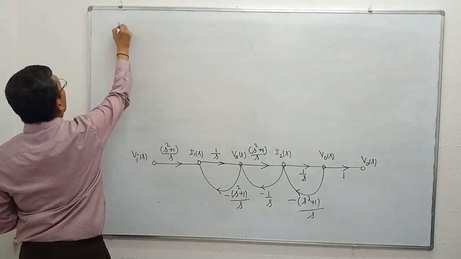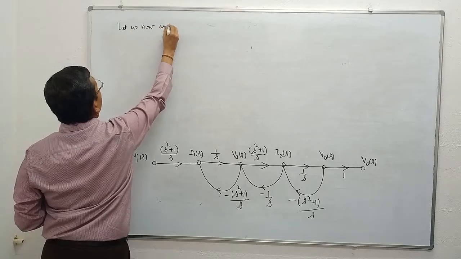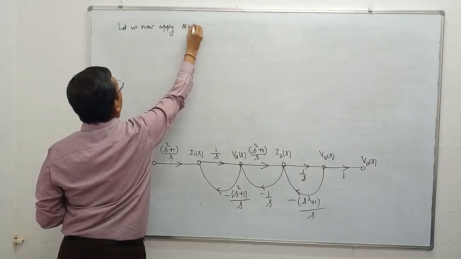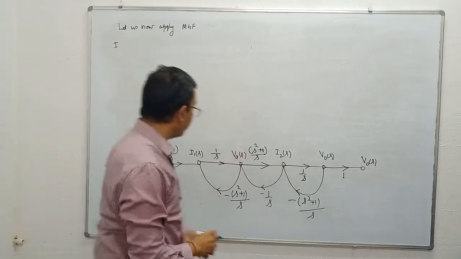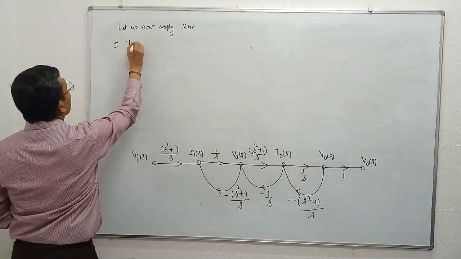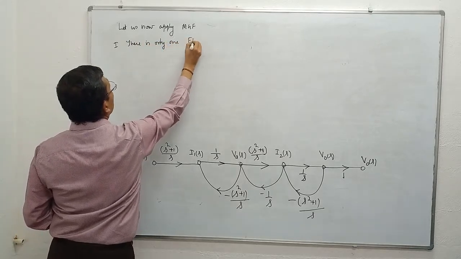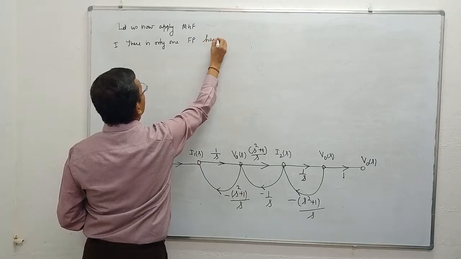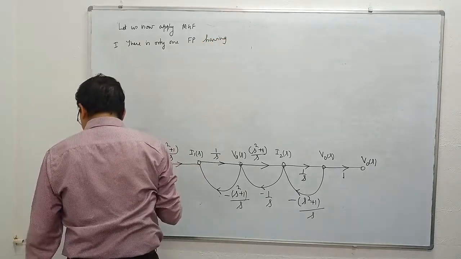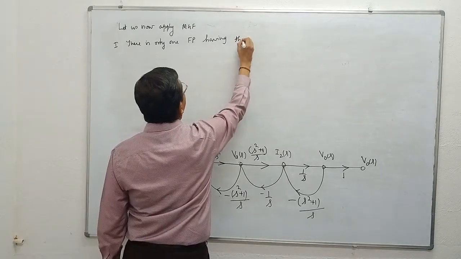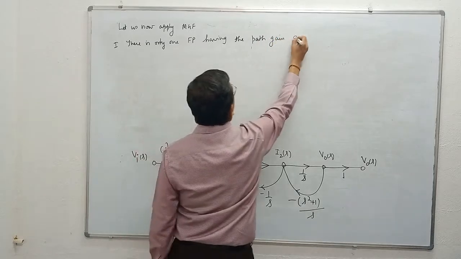Let us now apply Mason's gain formula. Step number 1. There is only one forward path, having the path gain given below.